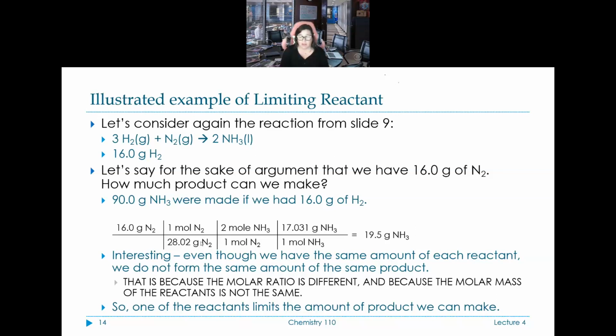So my grams will cancel, and now I have units of moles. 1 mole of N2 on the top, 1 mole of N2 on the bottom, to 2 moles of NH3, because stoichiometry says that.